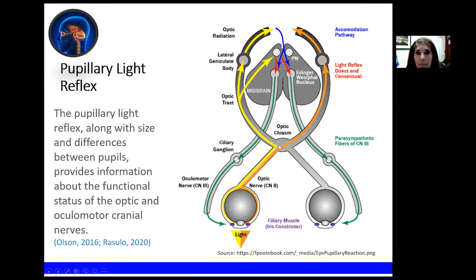That message is sent back to the same side of the brain and also to the opposite side of the brain, back to the midbrain, where the Edinger-Westphal nucleus is located. Now here, the third cranial nerve sends the impulse back here and here for the pupil to constrict. So it's made up of a sensory component and a motor component.